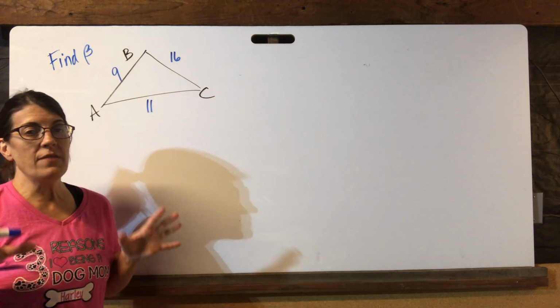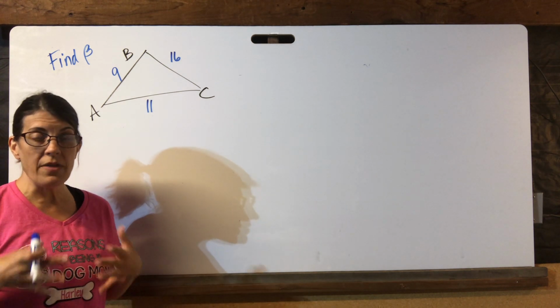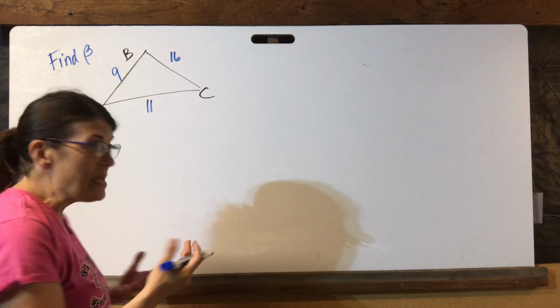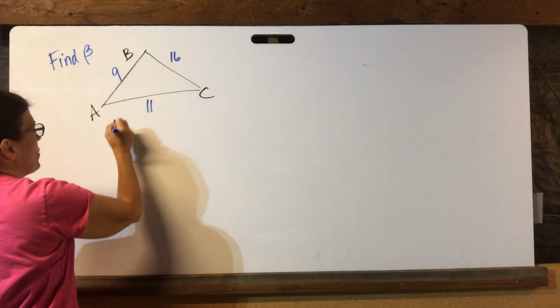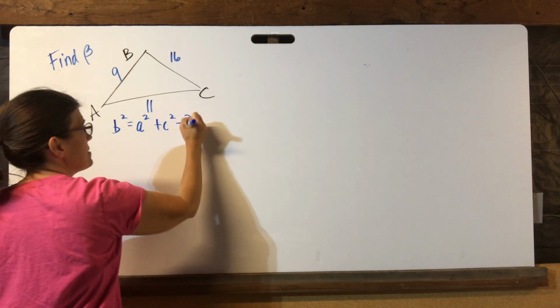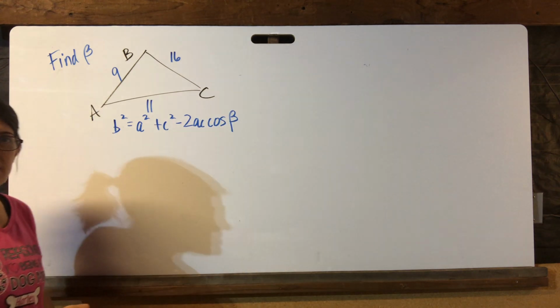Okay, so if I want to find beta, that means I need to use the formula that involves beta. And the formula that involves beta is with B. So B squared equals A squared plus C squared minus 2AC cosine beta.